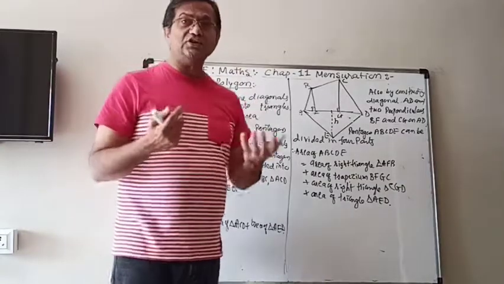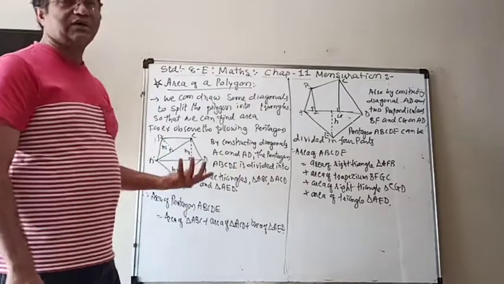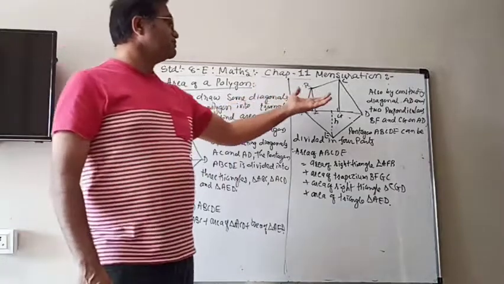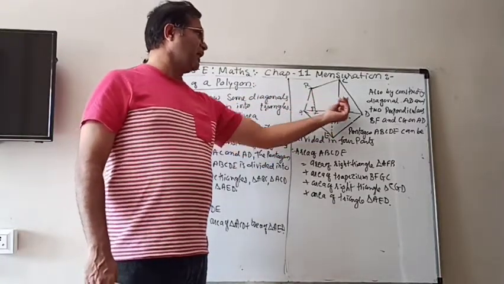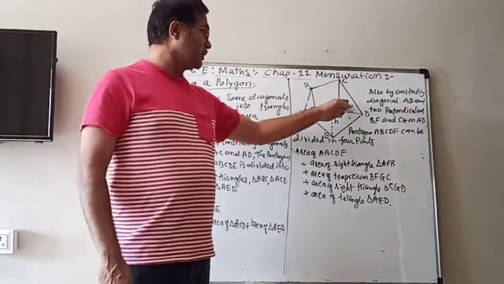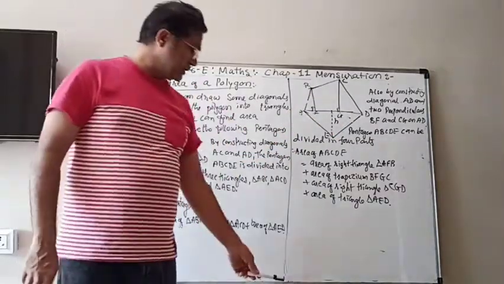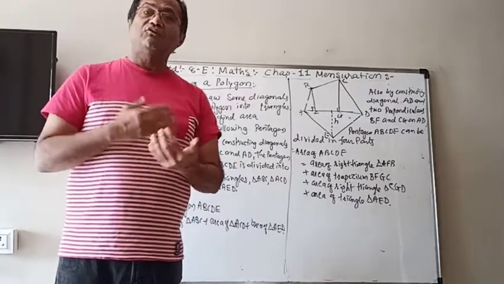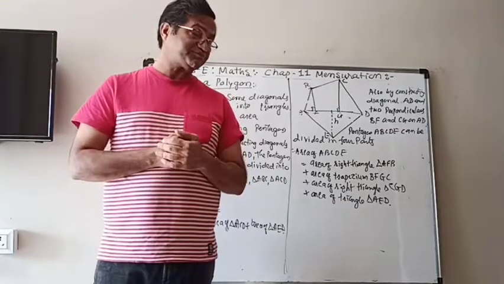So according to the situation, whatever is given, if the diagonals and these heights are given, you can find the area that way, or you can find the area by splitting it into 4 parts and then adding the area of each separate part, the triangle, triangle, triangle and a trapezium. Then we get the area of the whole pentagon. Same thing you can apply for the hexagon, heptagon or whatever polygon is there.